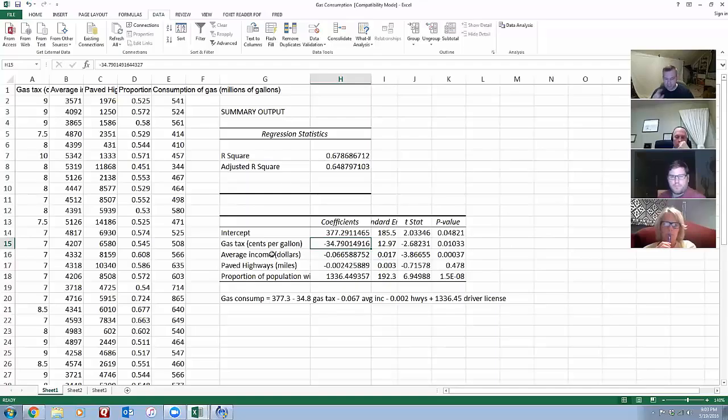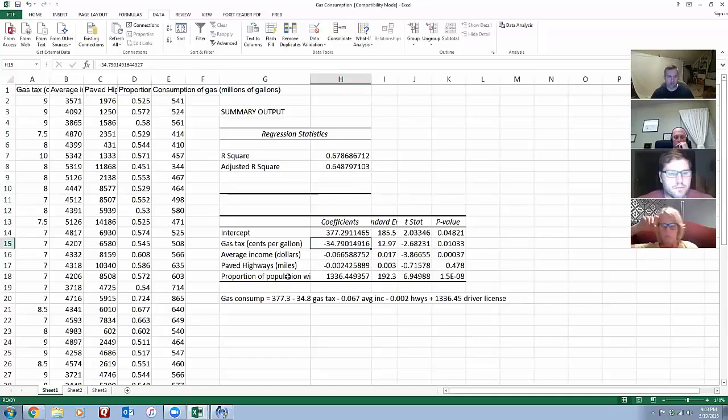So if I were to keep average income and paved highways and proportion of the population constant, and I increased gas tax, then it would decrease the gas consumption by 34 or whatever. So it always presumes that you're holding all of the other variables constant, and so this would be the effect on gas consumption of changing the gasoline tax. So it's negative, which is good.